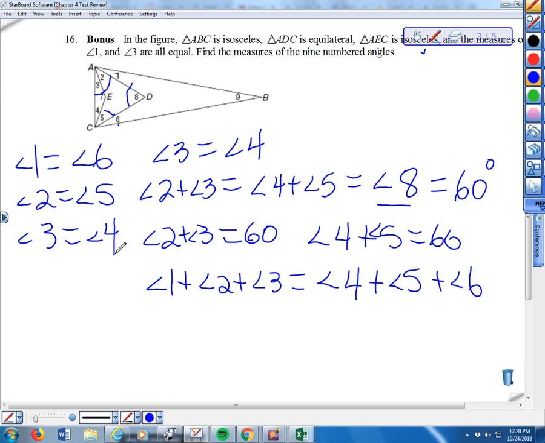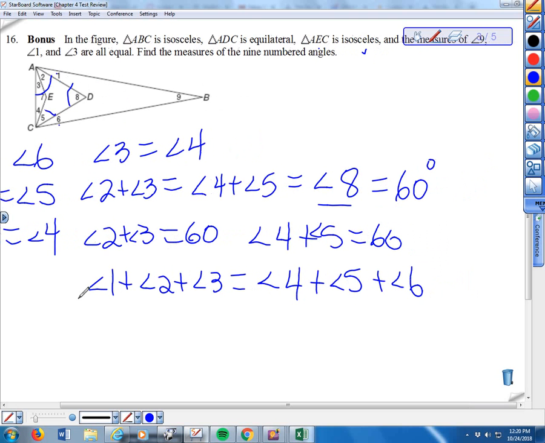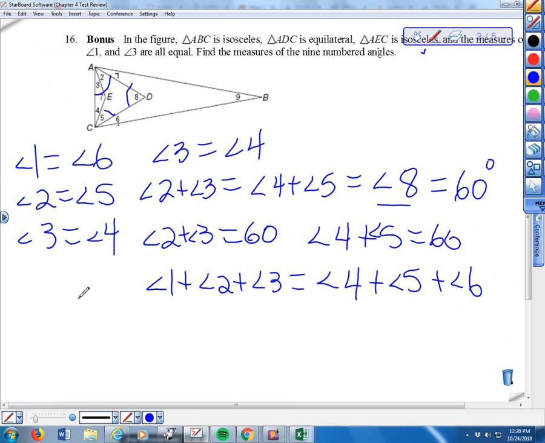Is there any other piece of information that would be helpful? What else did they give us up here? The measures of angle 9, 1, and 3 are all equal. Let me do it this way.